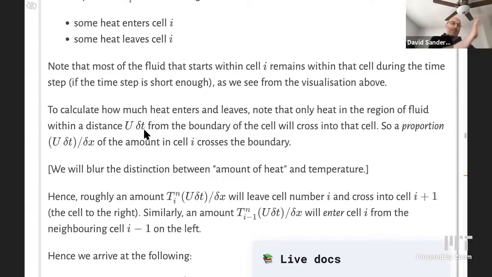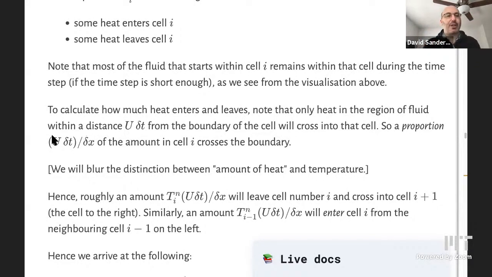And so everything in the next-door cell that's within that distance will cross over. And so a proportion, u delta t, within that distance from the boundary, and then the whole cell has a width delta x.